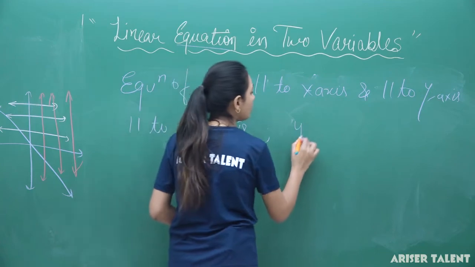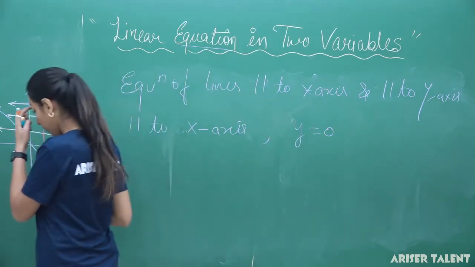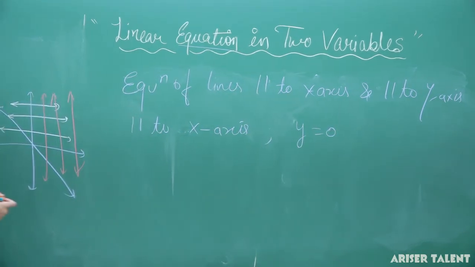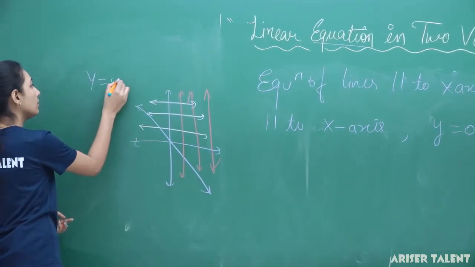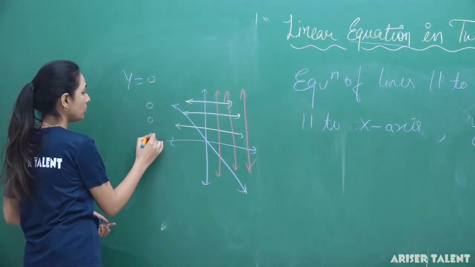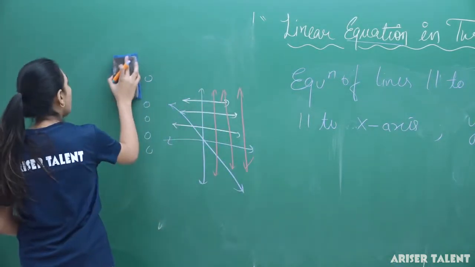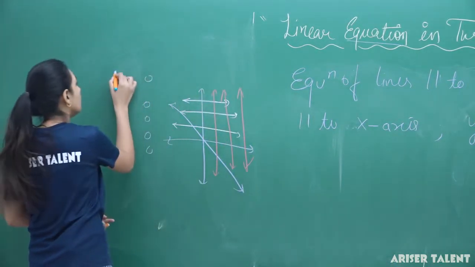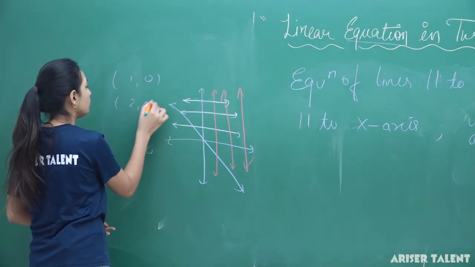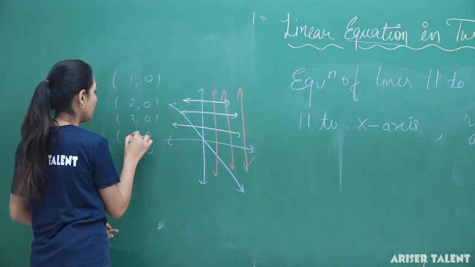That means y equals a constant. The value of y will be the same in each and every case, and the value of x will vary like 1, 2, 3.